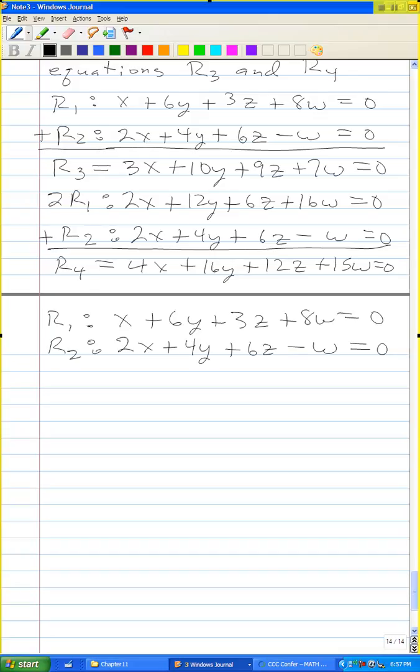So really, I can actually only eliminate one variable. I guess I'll eliminate w.